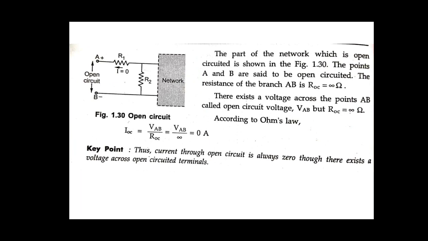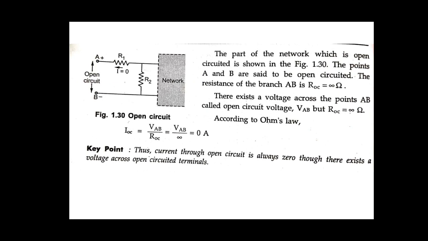So the points A and B are said to be open circuited, and the resistance of the branch AB is infinity. So there exists a voltage across the points A and B, called the open circuit voltage.